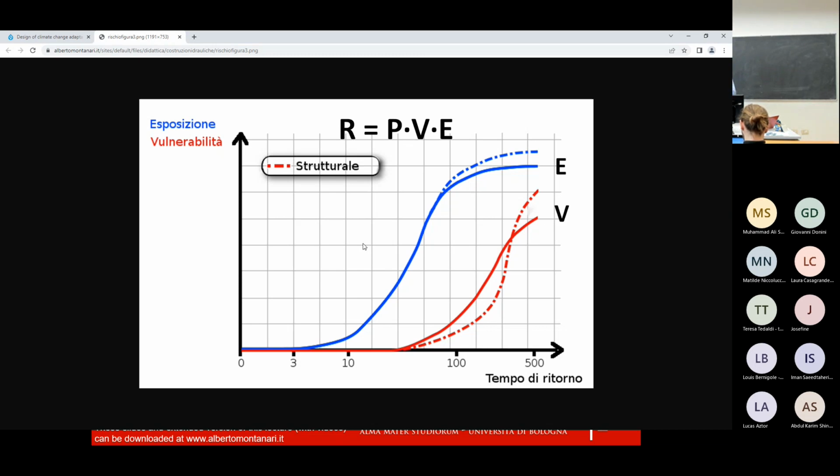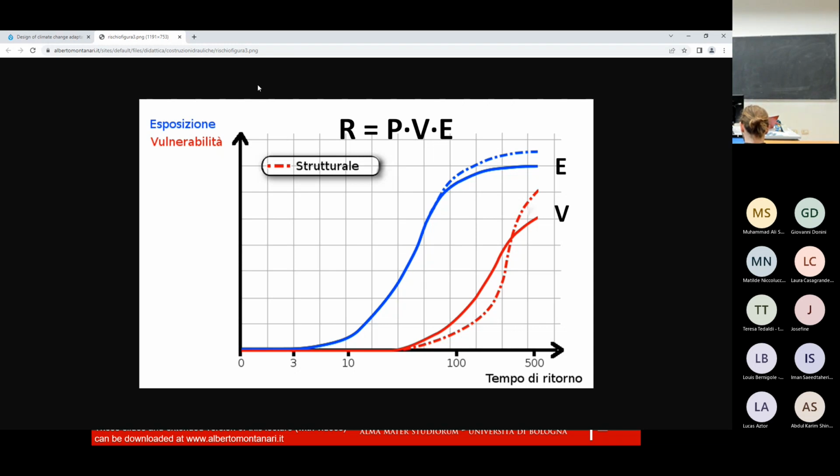Of course, how the pattern changes depends on the specific case study, and the definition of these curves, both in the pristine situation and in the situation after the structural intervention. The definition of the pattern of these curves is the task of an engineer through impact models, usually, as I said.